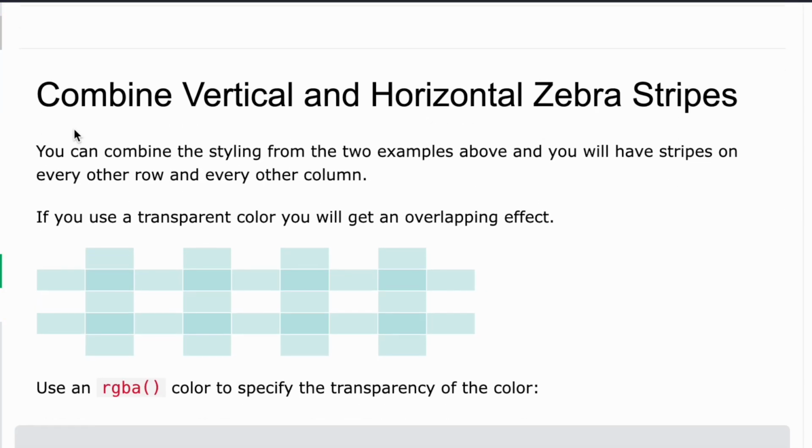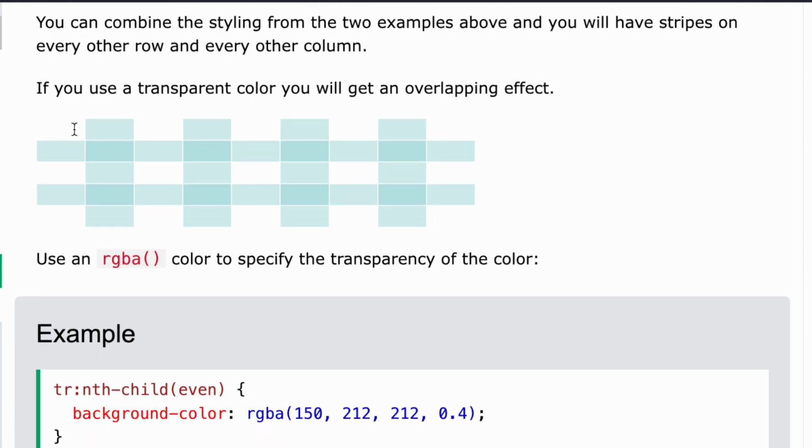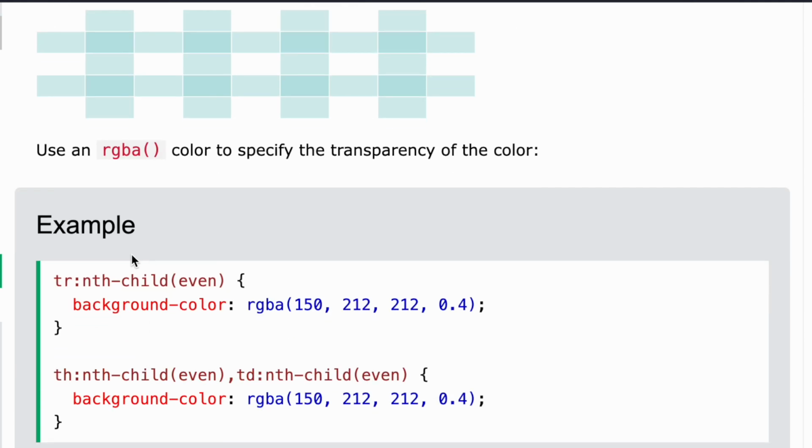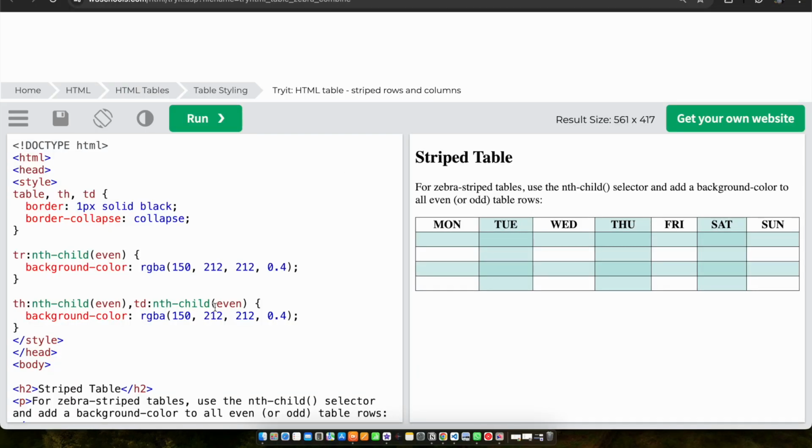Now if you want to combine vertical and horizontal zebra stripes, you just need to write tr even and th also even. That is because the first column was a header, and you could also select td to be even.